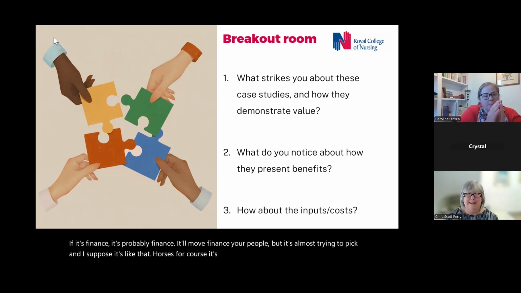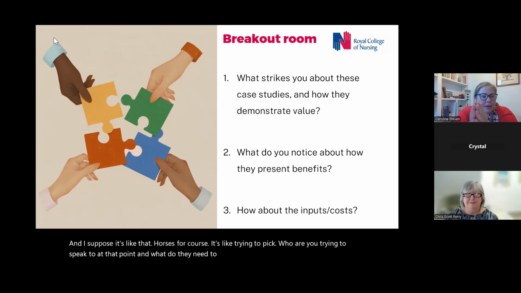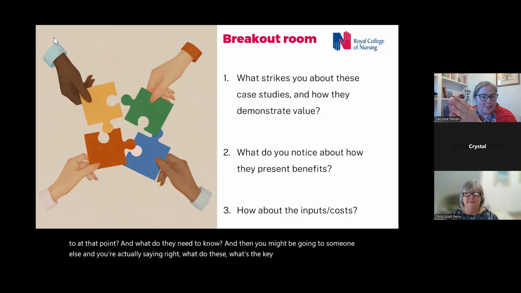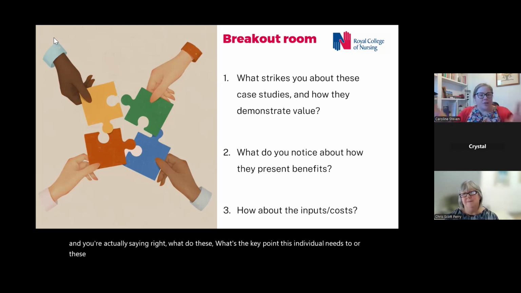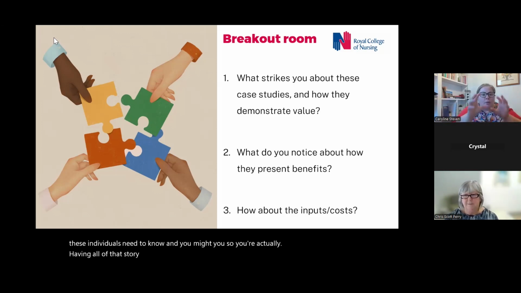Who are you trying to speak to at that point, and what do they need to know? You might go to someone else and ask, what's the key point these individuals need to know? Having all of that story allows you to pull out the elements that are important to the group you are trying to communicate with.